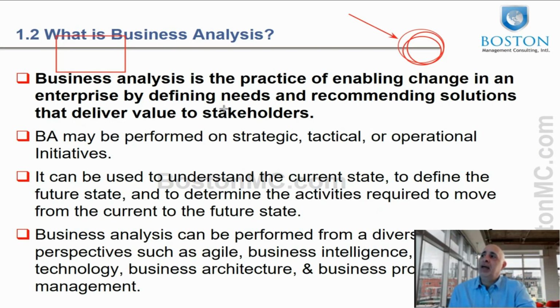And you need to define the need. So you take the need, which could be expressed at a very high level, and then you add a little more context to it, understand it well, and then you recommend solutions that deliver value to stakeholders. The solutions that deliver value are those that would take them from here to here. You take them from a point where they didn't have these capabilities to the point where they have the capabilities.